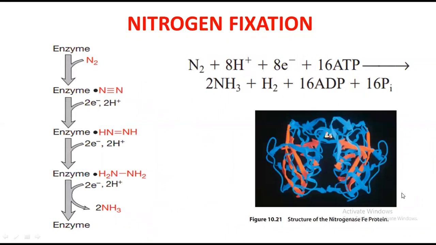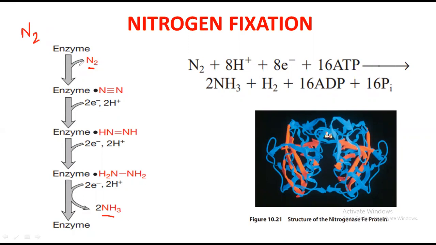Now if there is no NH3 and no NO2, and there is only nitrogen, N2, in the atmosphere, what will happen? First, the bacteria will convert this N2 to a reducible form, and after that it can be incorporated into the backbone of the amino acids.